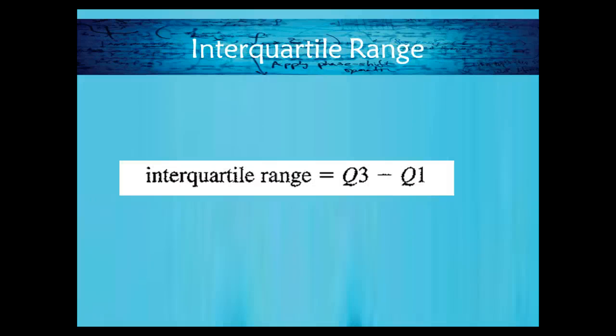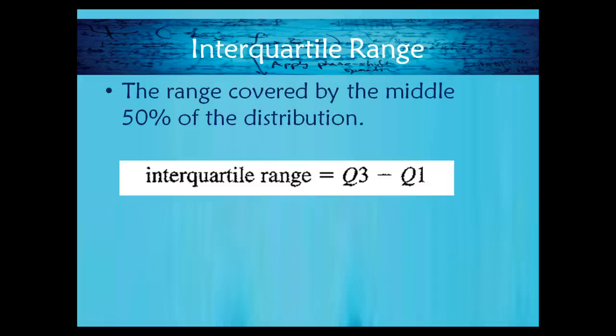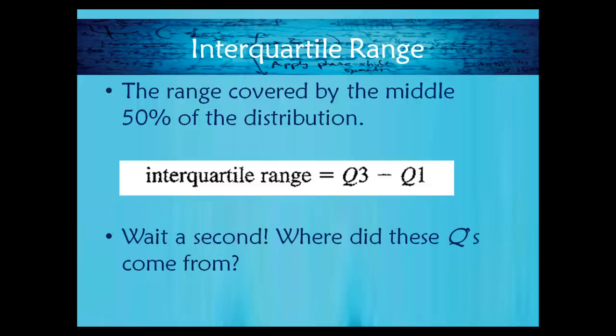Another measure of variability is the interquartile range, which is Q sub 3 minus Q sub 1. It basically covers the middle 50% of the distribution, so it describes the variability for the middle 50%. But wait a second, where did these Qs come from? Q stands for quartile.